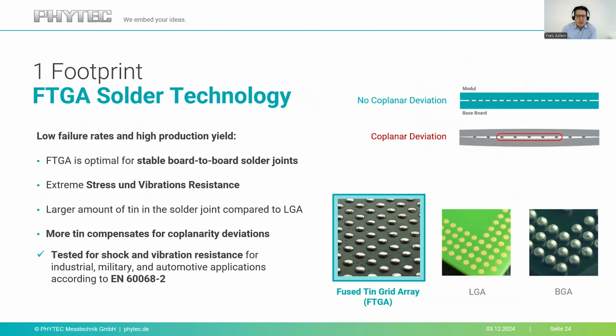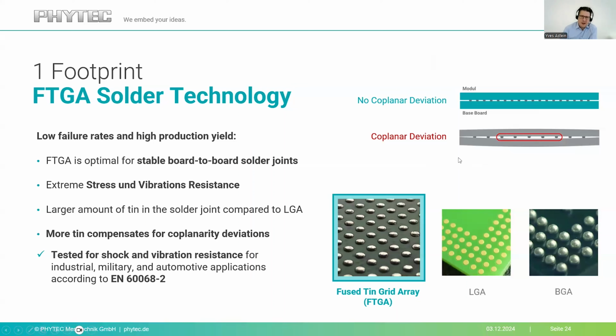Okay, so now the footprint, the solder technology. We chose fused tin grid array. This is a technology that already brings pre-soldered connections on the system on module. And when you populate the system on module on the carrier board, or we do it if you don't want to produce yourself, then the carrier board will also get pre-soldered.